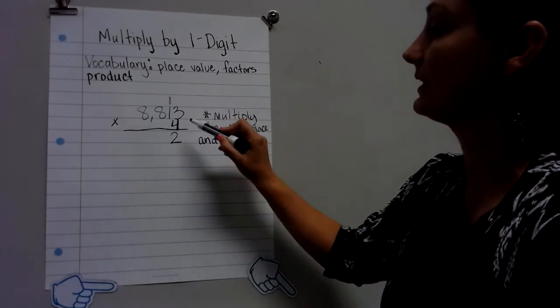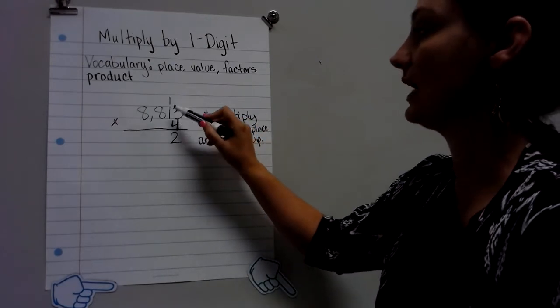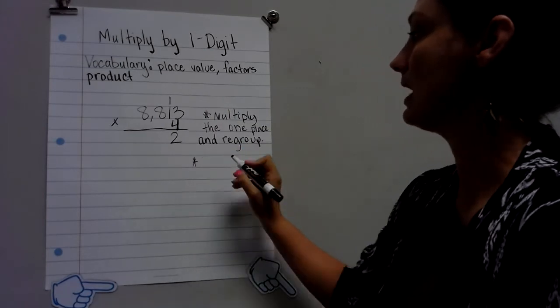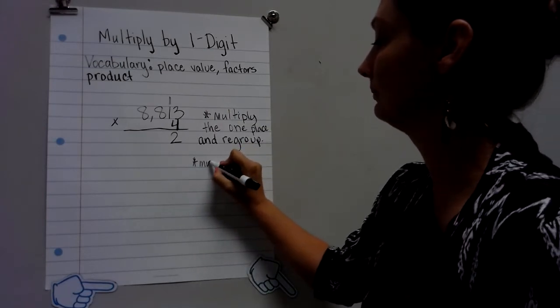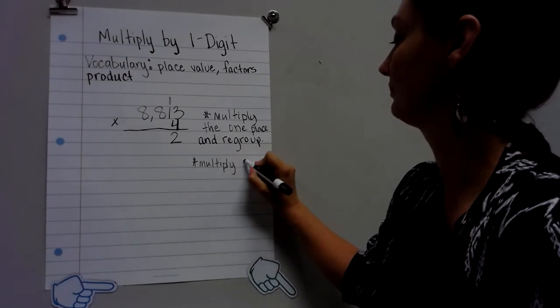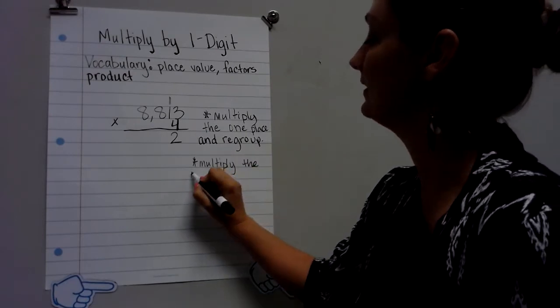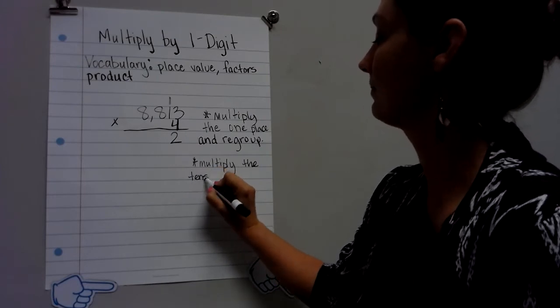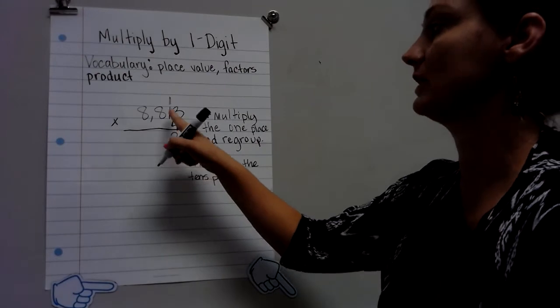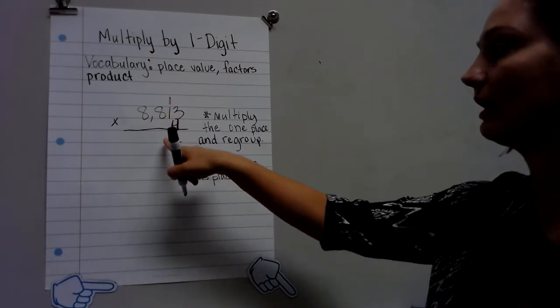Okay. Next, I'm going to go to the tens place. 4 times 1 is 4. Okay, so that was my next step. I multiplied the tens place. Then I needed to do something. After I multiply that 4 times 1, do I write a 4 right here?